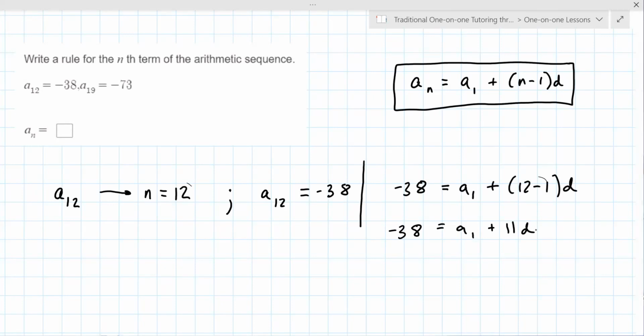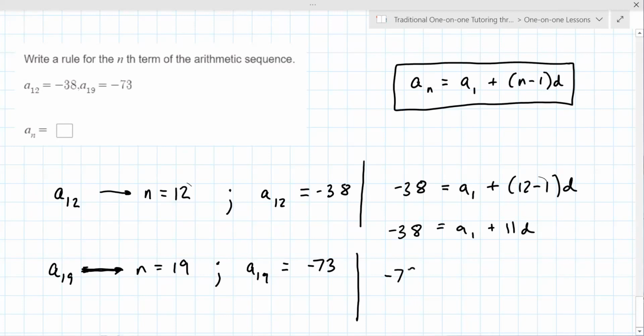So we're going to do the same thing for this other point. A sub 19 means that n is 19. The 19th term is negative 73. If we go back to this formula right here, that minus 73 goes in for that 19th term.